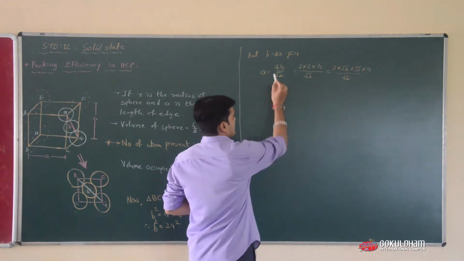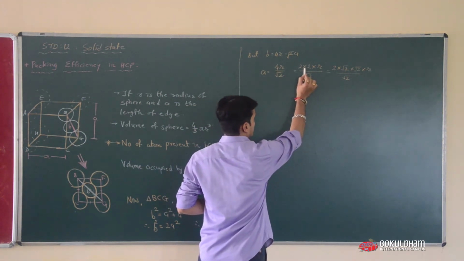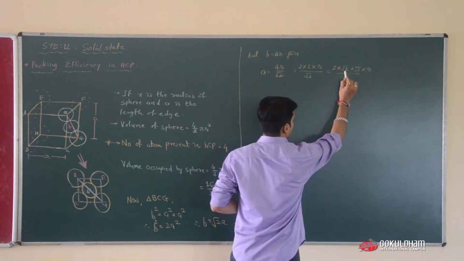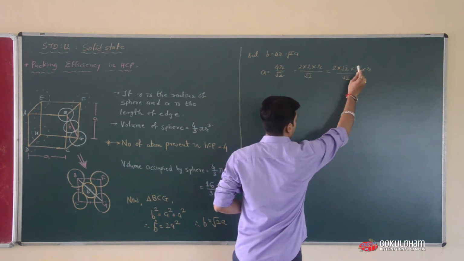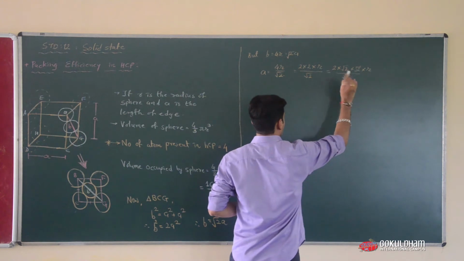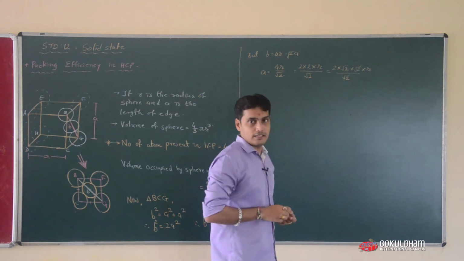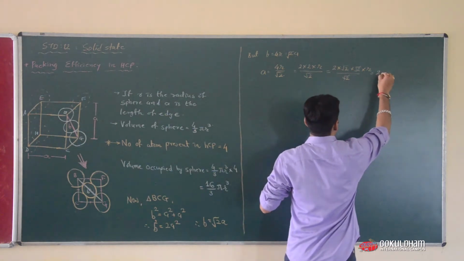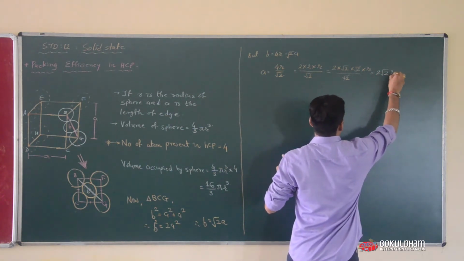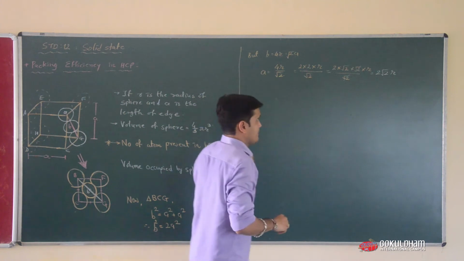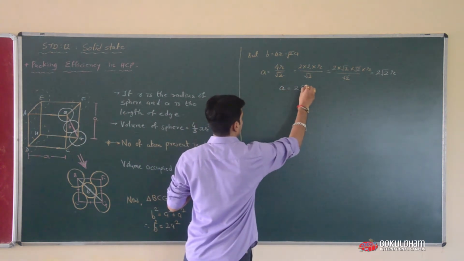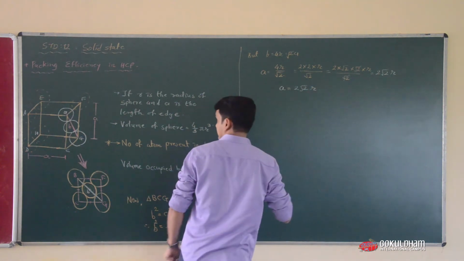Clear? This 4 is converted into 2 into 2, and this 2 is converted into under root 2 into under root 2. This under root 2 and this under root 2 will cancel out, and your final answer will be 2 into under root 2 into r. So this is the value of a, 2 into under root 2 into r.